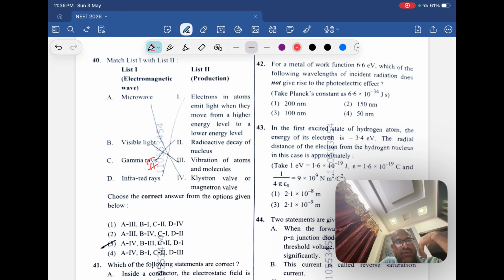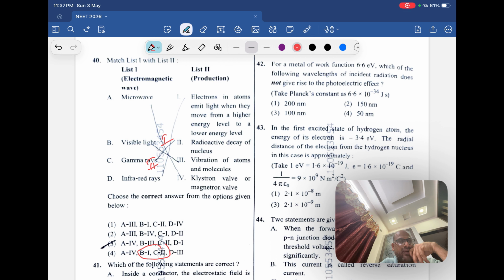So if you take visible light as 1, vibrations of atoms and molecules, infrared you can take. So B is 1, and C is 2 if you take these two. For infrared, D is 3, vibration of atoms and molecules, infrared radiation you can take, right?